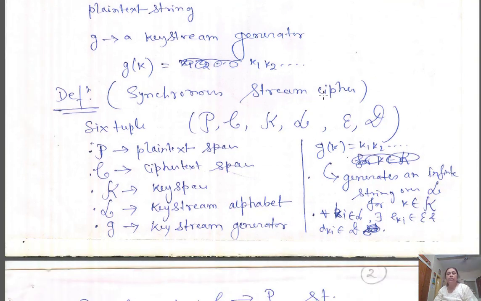Now, we can formally define a synchronous stream cipher as a 6-tuple. As usual, we have plain text space, ciphertext space, key space, encryption rules, decryption rules, and this L is the key stream alphabet.